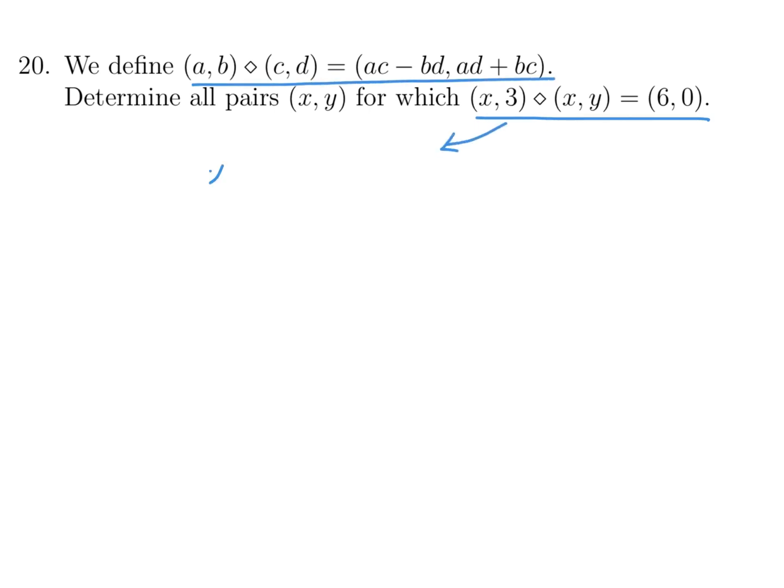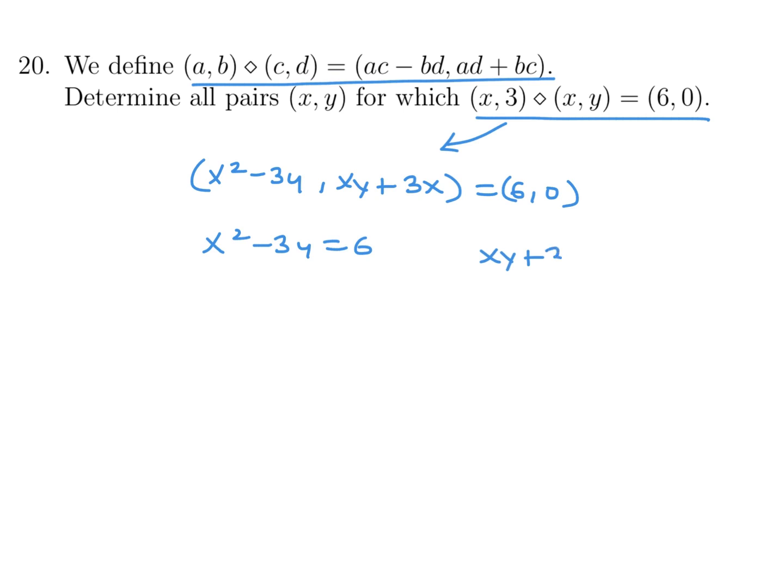So that's going to be x squared minus 3y, xy plus 3x, I believe. And that is 6, 0. Okay, so that means that x squared minus 3y is 6, and xy plus 3x is 0. So if I factor out x here, I get y plus 3 is 0. So that means either x is 0 or y is negative 3.